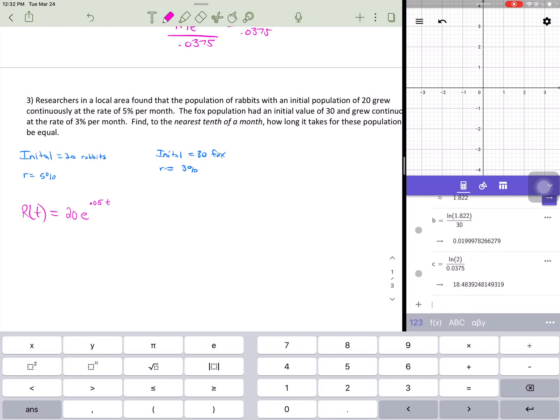And then over here you got 30 foxes initially, and they grow at a rate of 3%, so it starts a little higher. So let's call it F of t, the number of foxes over time, 30 e to the 0.03t.